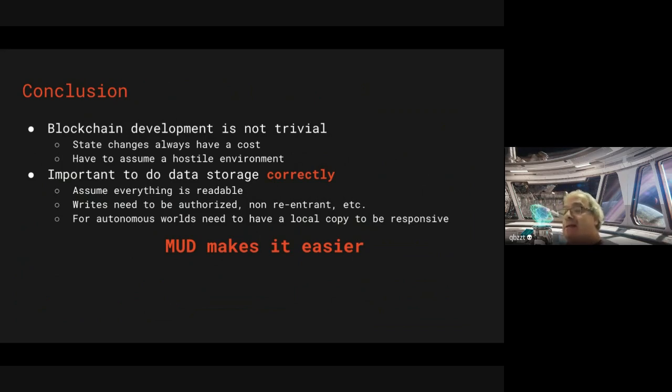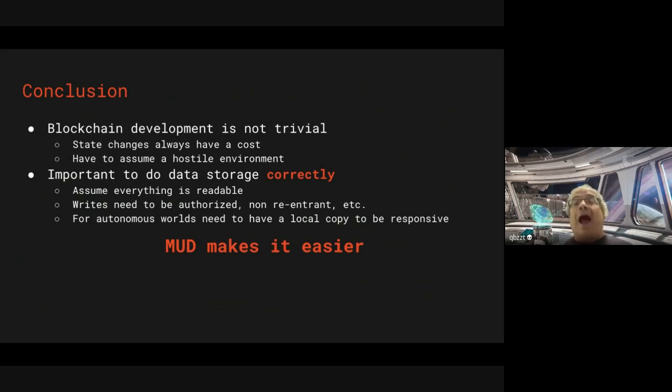And that's why we can't afford to have a centralized location that is the source of trust. We have to be distributed. To get those things, it is important to do data storage correctly. First, assume that everything is readable.